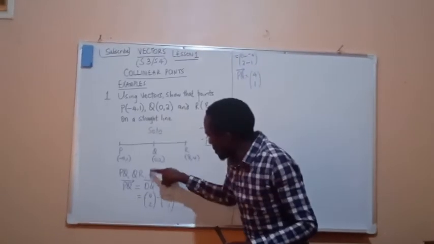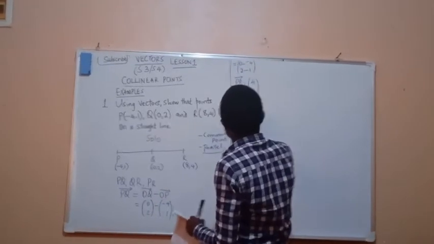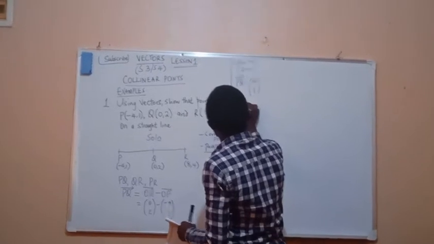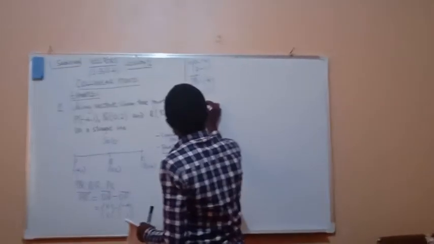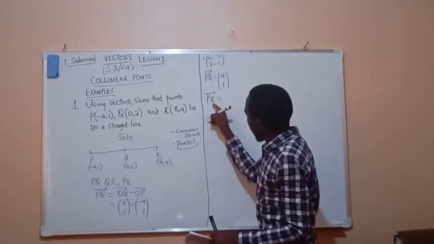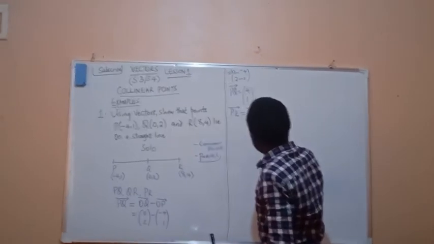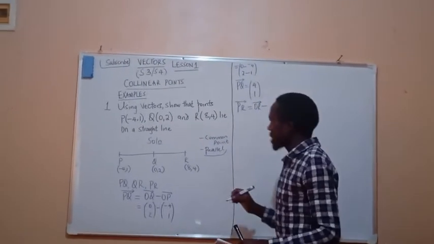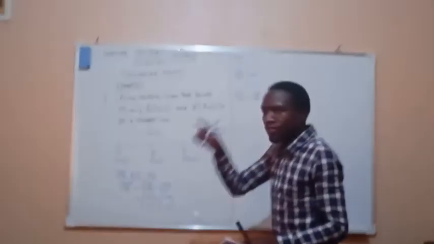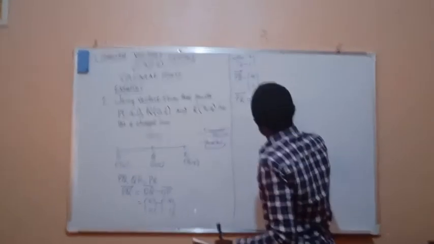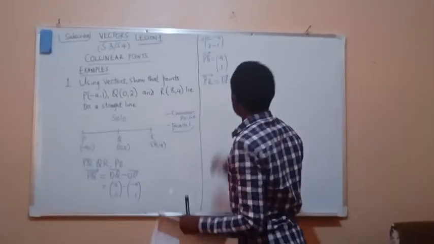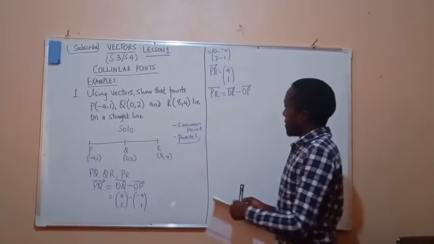Now, I can decide using PR, and PR is the same as OR, the position vector of R. And when I say position vector, I mean the vector of the point from the origin. So we have OR minus OP.